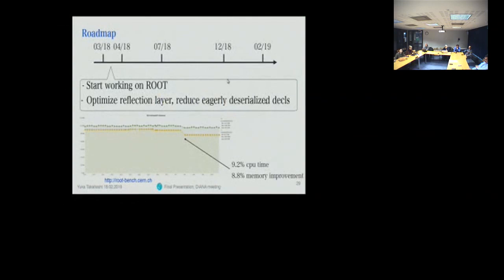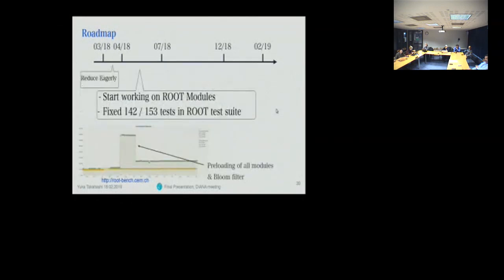So I came to CERN in March 2018 and started working on root. For the first month, we were optimizing the reflection layer and were reducing unnecessarily sized decls. We started working on modules in April, and we spent 3 months working on fixing tests.